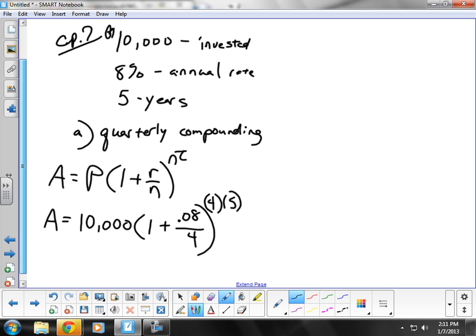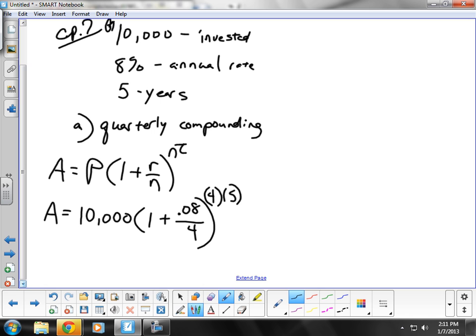Okay, so be very careful typing that into your calculator. You got your 10,000, you need to open a parentheses, 1 plus 0.08 divided by 4, close your parentheses, use your little housetop looking key, caret key. And 5 times 4, you can just go ahead and write as 20, hopefully.